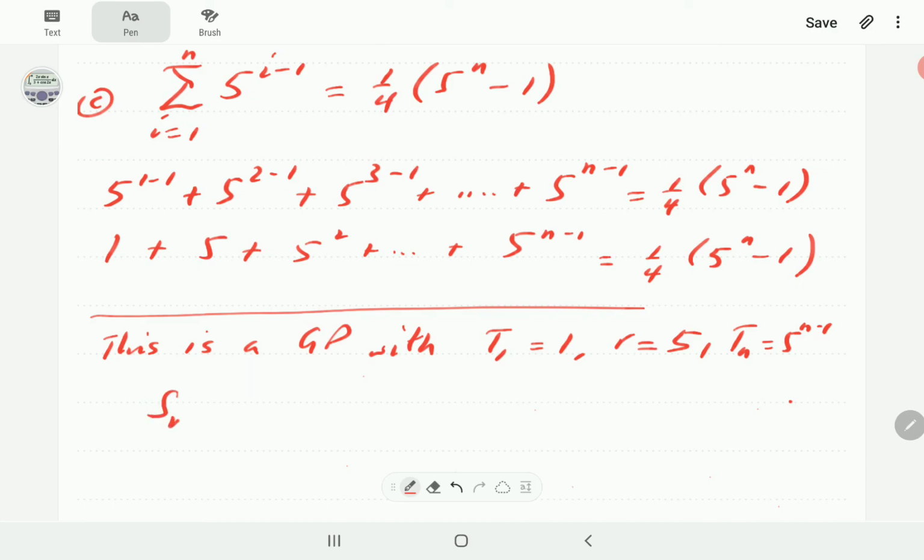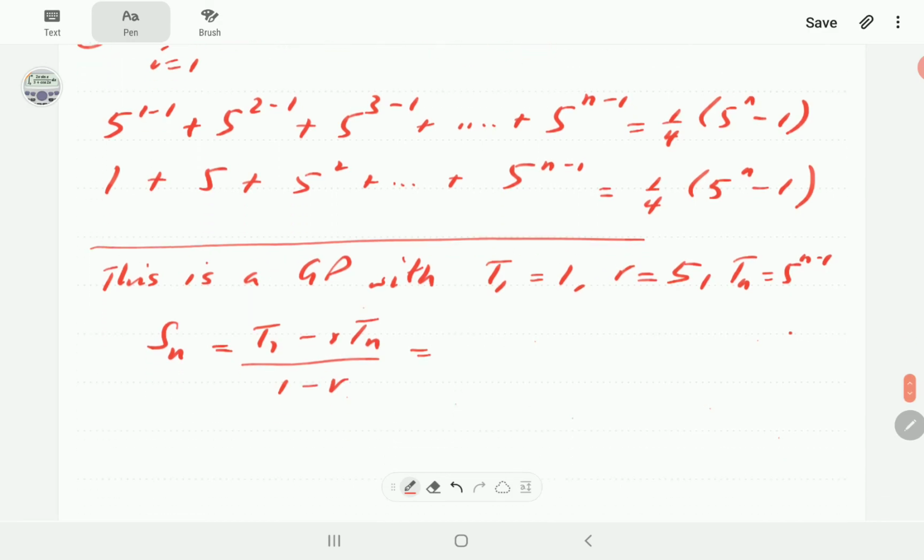So the formula for Sn is T1 times 1 minus r to the n over 1 minus r.